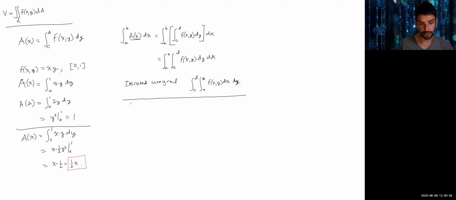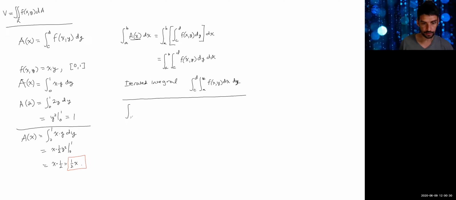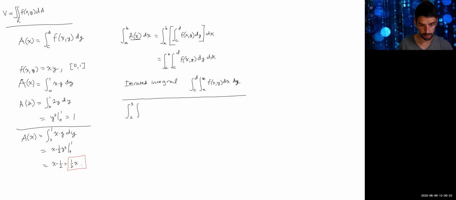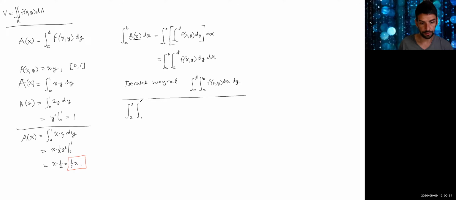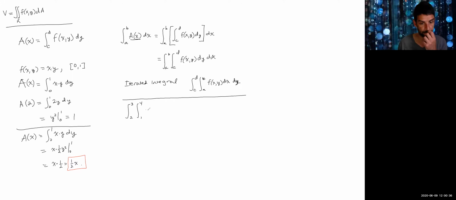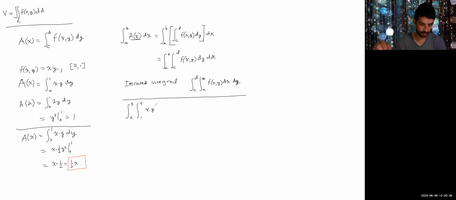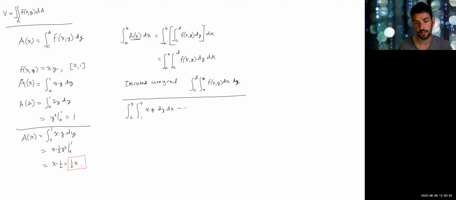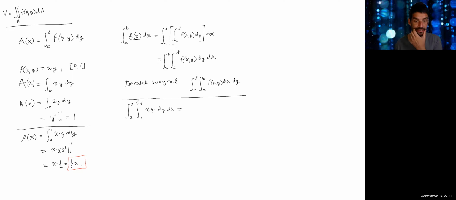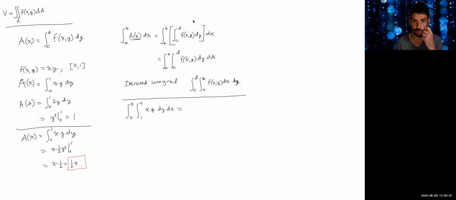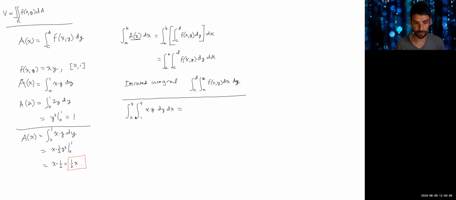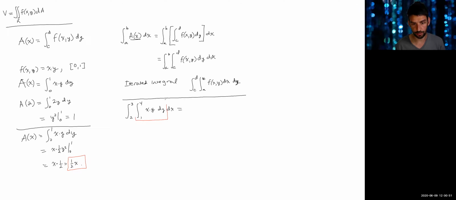So let's look at the following iterated integral: the integral from 2 to 3, the integral from 1 to 4, of the function x times y dy dx. So I work from the inside out. First I'm doing this integral with respect to y, so I'm focusing on this piece of it.